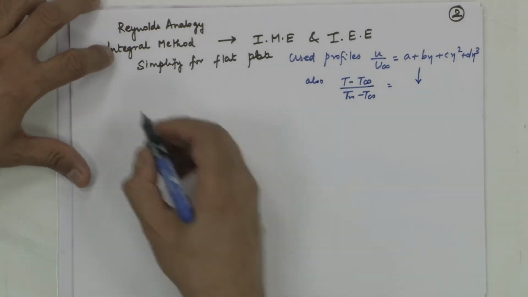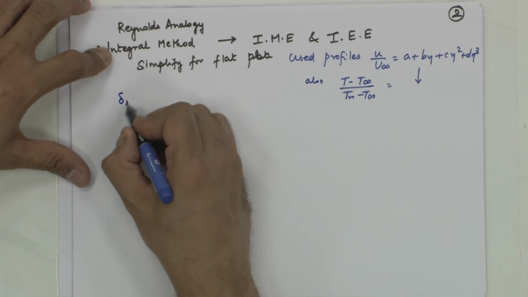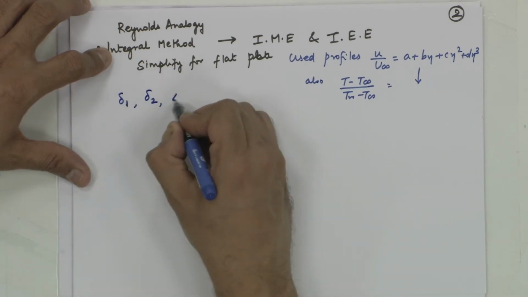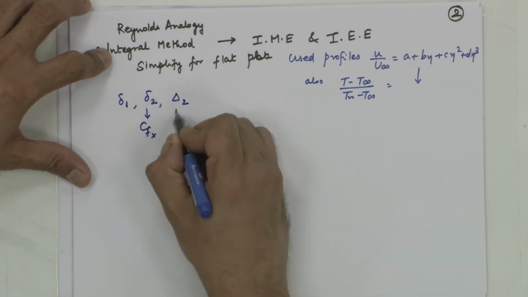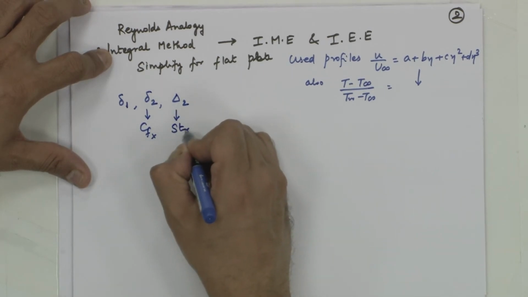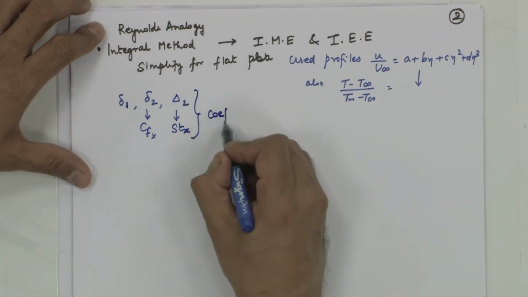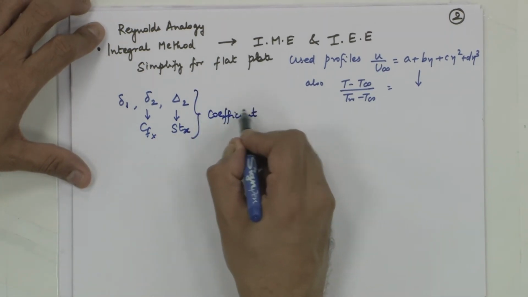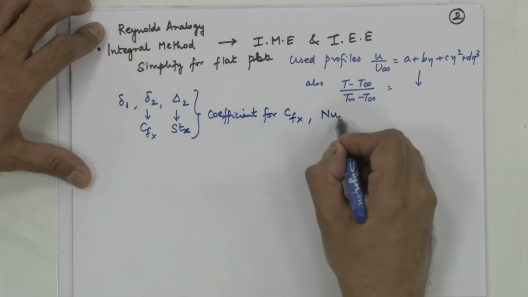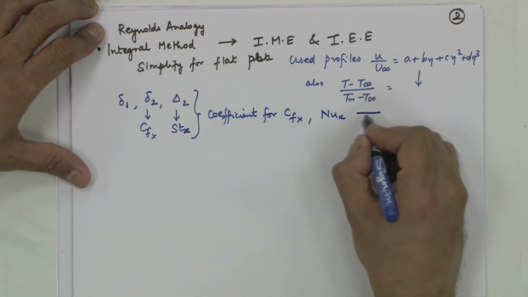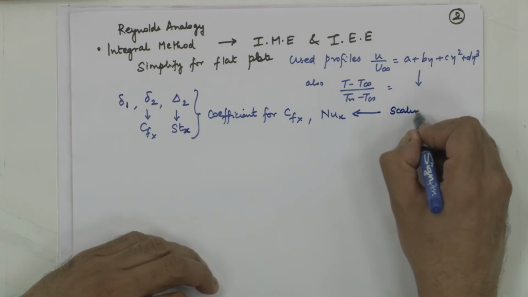We got from this displacement thickness or d star, momentum thickness, enthalpy thickness. From this we got Cfx, from this we got Stanton number. Okay. So, these gave us coefficients for Cfx expression and Nusselt number expression, which were also compared with scaling analysis.